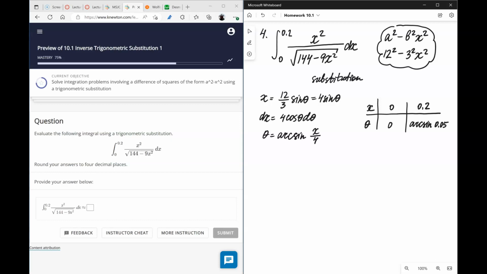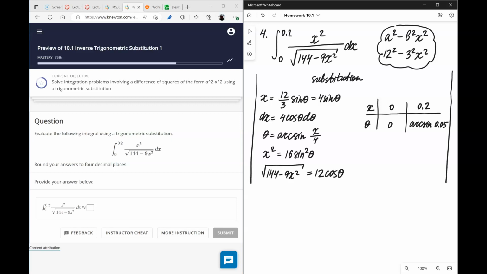And the reason why we're doing this substitution is because x squared will be equal to 16 sine squared theta, so that the square root of 144 minus 9x squared will simply be 12 cosine theta, assuming that theta is within a certain range of values. And now we can plug everything in and continue with this solution. So we have an integral from 0 to arc sine of 0.05.